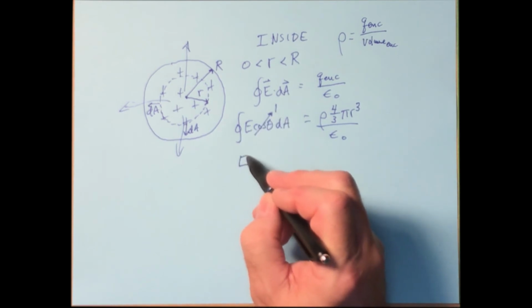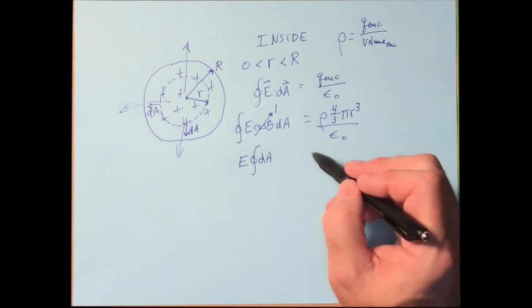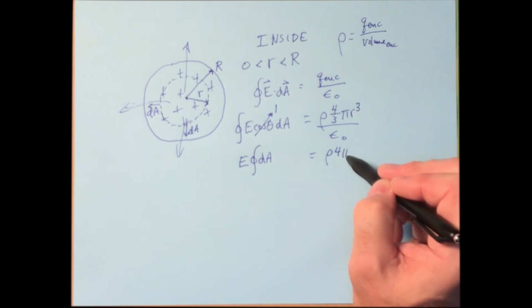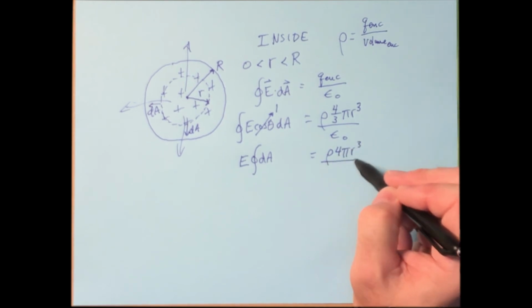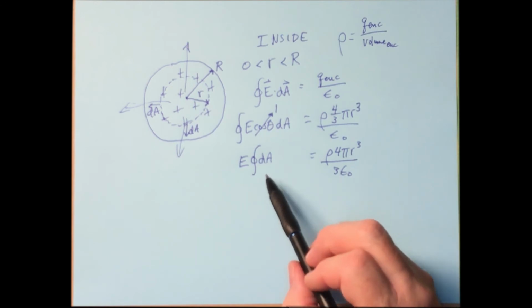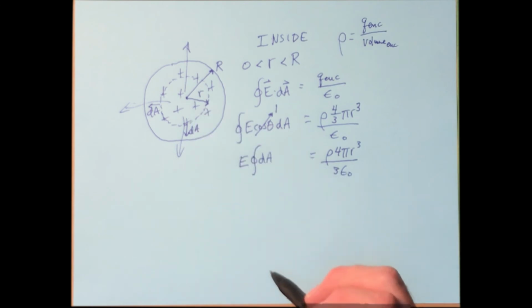So E comes out, and we've got the closed integral dA is equal to all of this on the right-hand side, rho 4 pi little r cubed over 3 epsilon naught. All right, evaluate the closed integral dA now, and that's the surface area of our Gaussian surface.